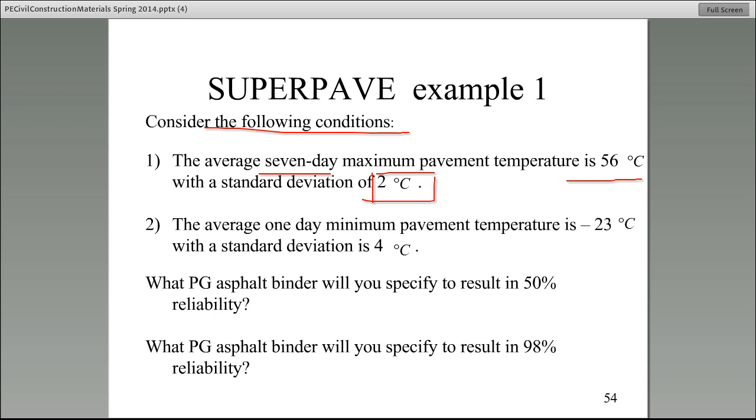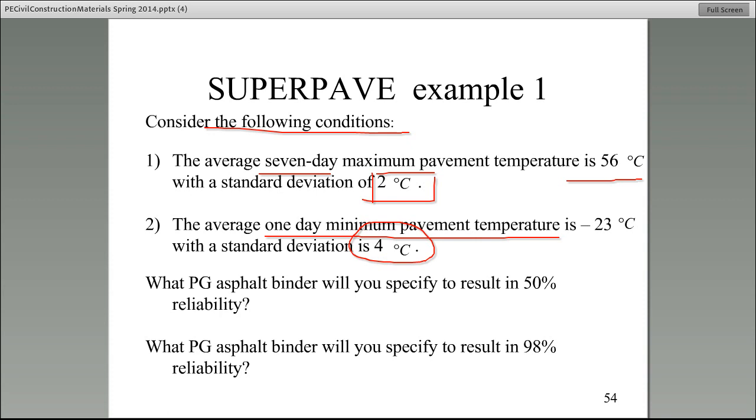Then they say, also, the average 1-day minimum pavement temperature is negative 23 degrees centigrade. That's the 1-day coldest day. And then the standard deviation is 4 degrees centigrade.